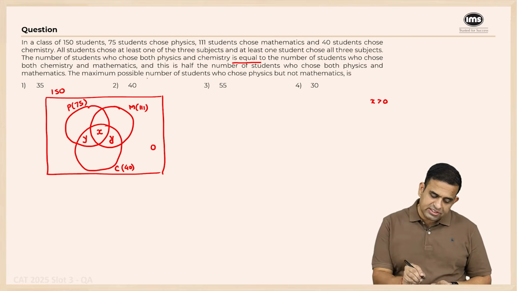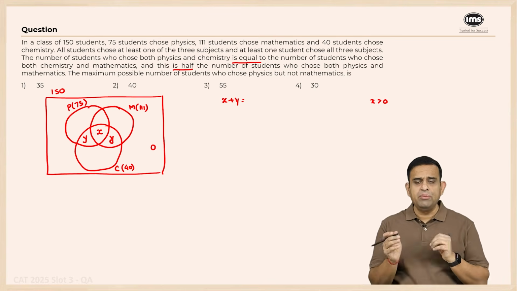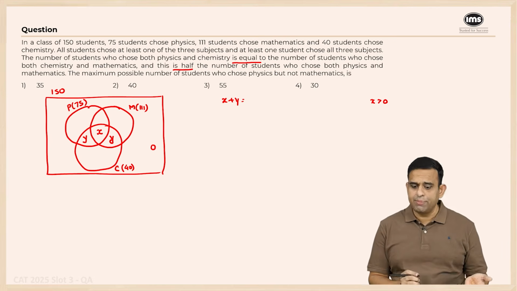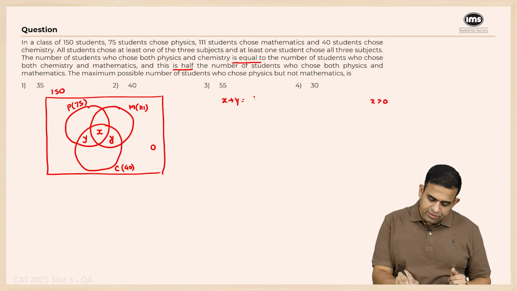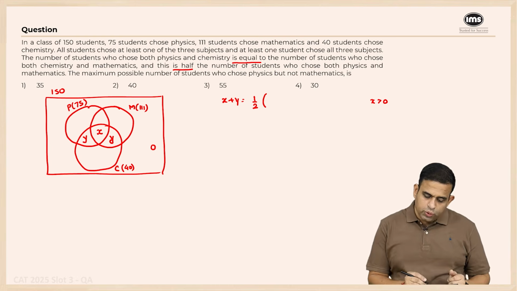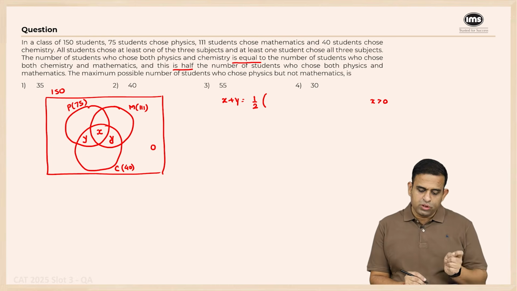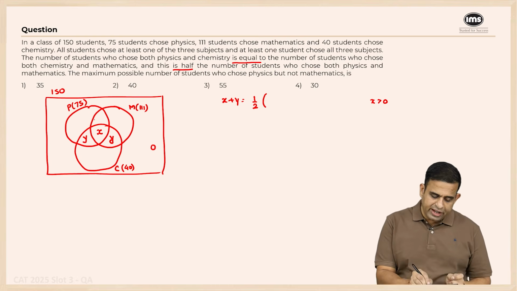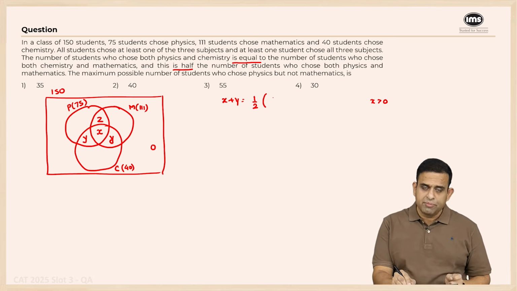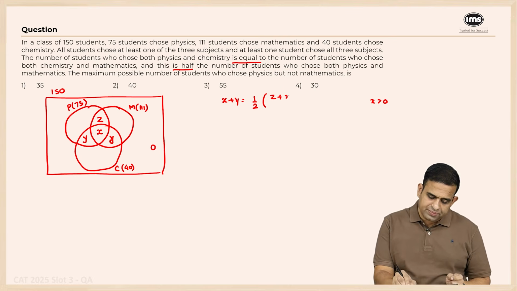And this, the same number, so this x plus y is half. So we have to just decode this and represent them in terms of a variable. And this is half the number of students who chose both physics and mathematics. So if I take this number right now as z, it must be half of z plus x.